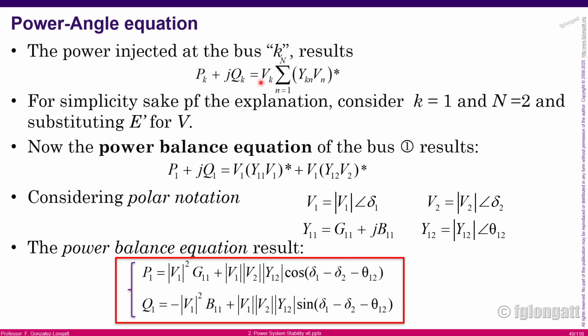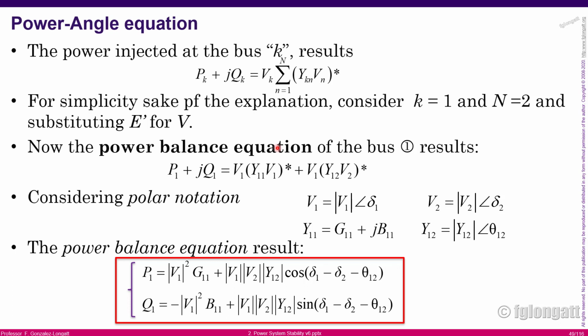The power balance equation is basically saying that the power that is injected by the generator is equal to the power going through the transmission lines, and the power going through the transmission line is described in terms of the admittance matrix elements and the terminal voltages. That is what this equation over here says.